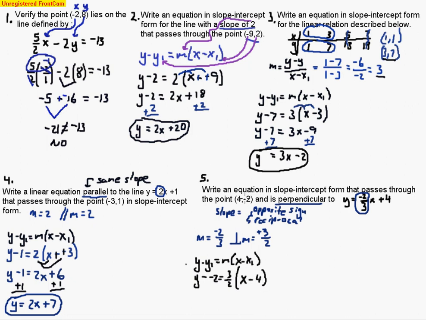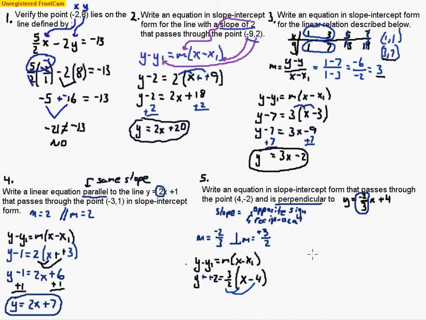So I took the negative 2. That went in for y1. The 4 goes in for x1. The slope goes in for the m. Anytime you see a minus negative, change that right away to plus positive. And then distribute. Distribute that 3/2 over that subtraction.